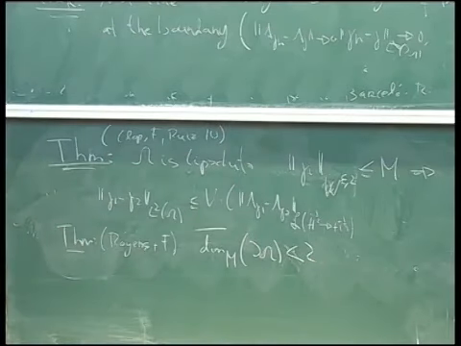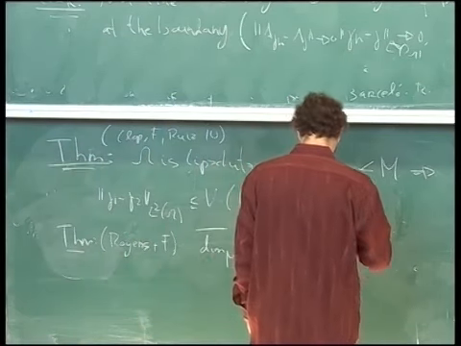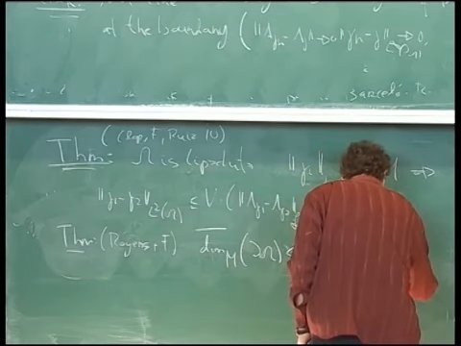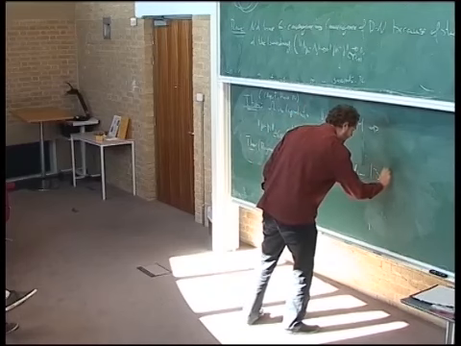What does this mean? This means the following: I take the limit, taking parallel neighborhoods of the boundary of size delta, and I measure them.